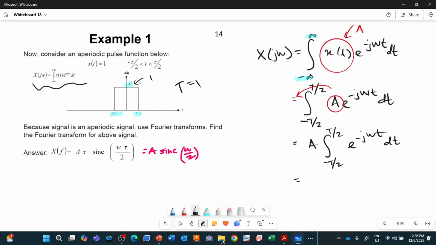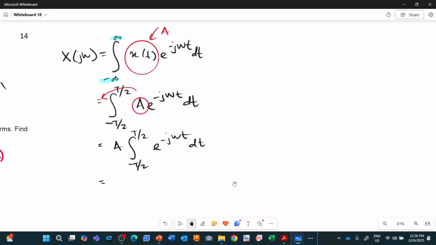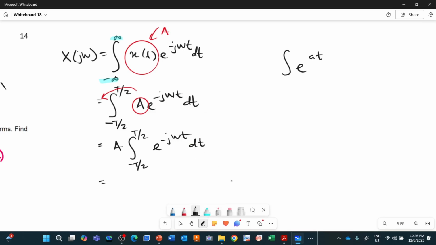Yesterday you learned that to integrate an exponential, the integral of e to the at is e to the at over a.